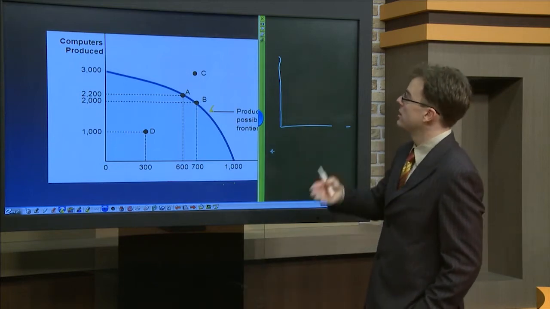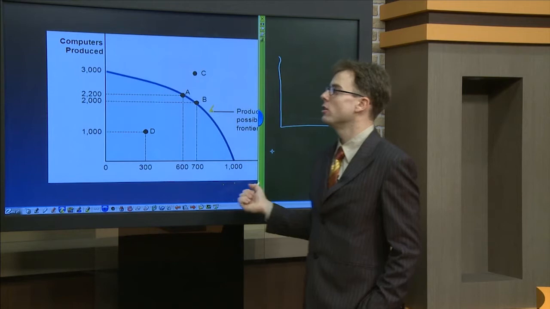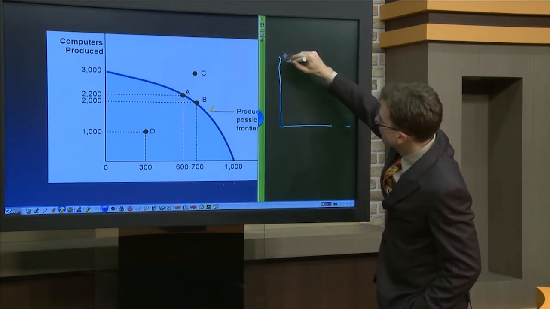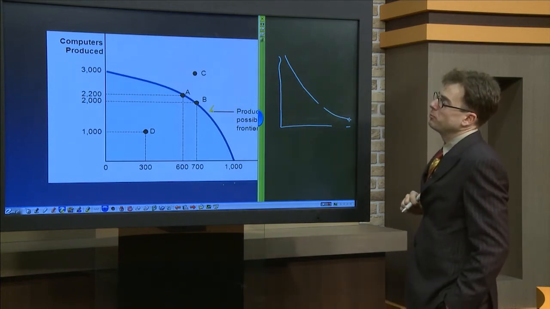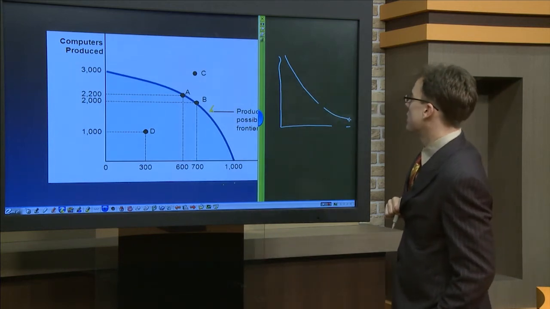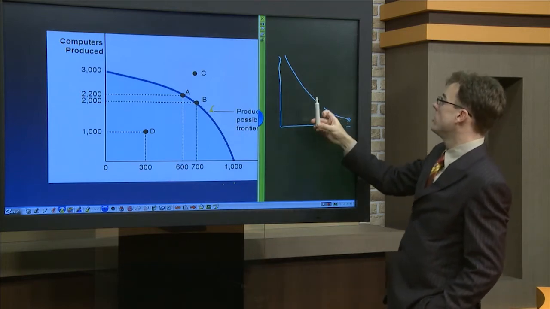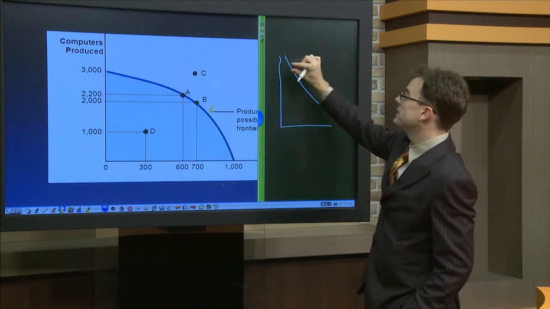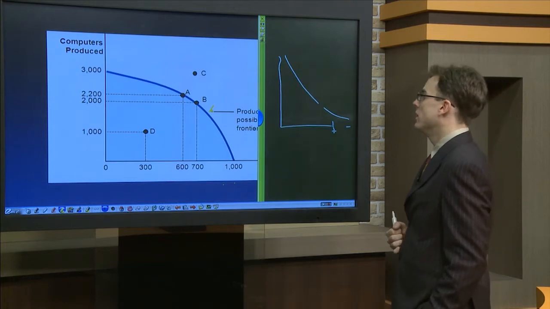In a different situation with two different goods under analysis, we might have increasing returns technology, where the more the society produces of a particular commodity, the less of the other commodity has to be given up.